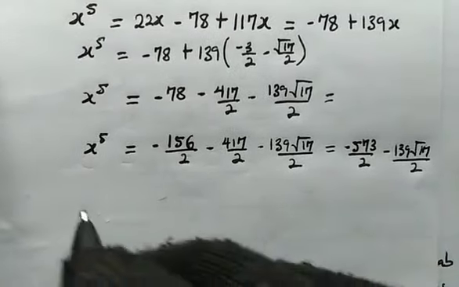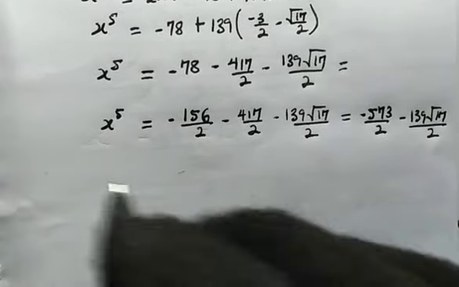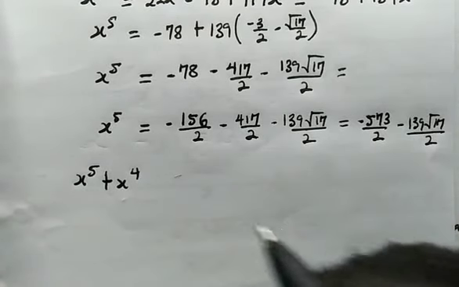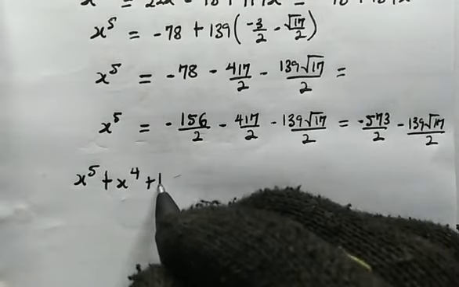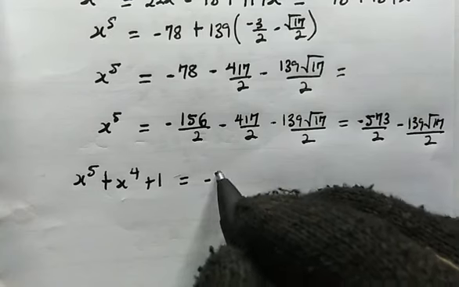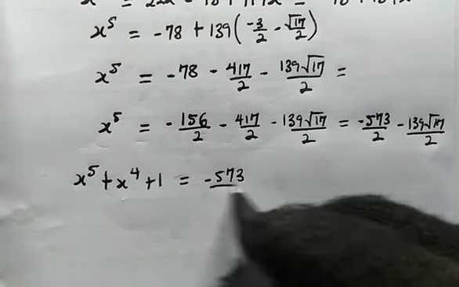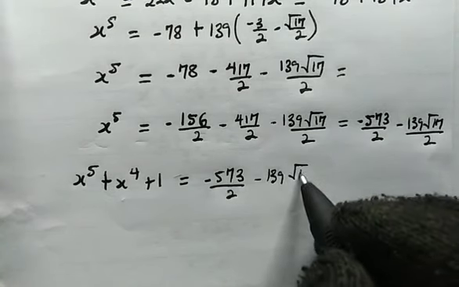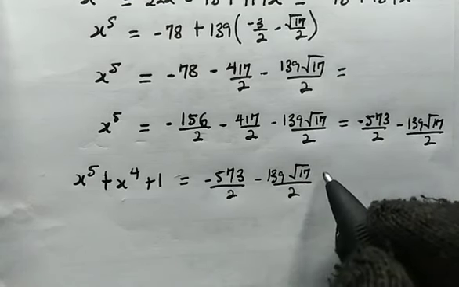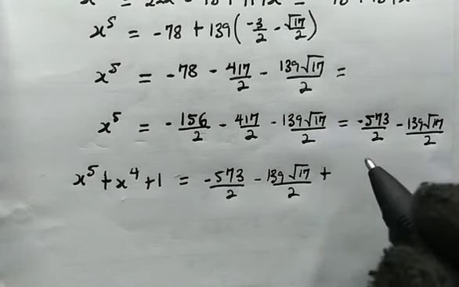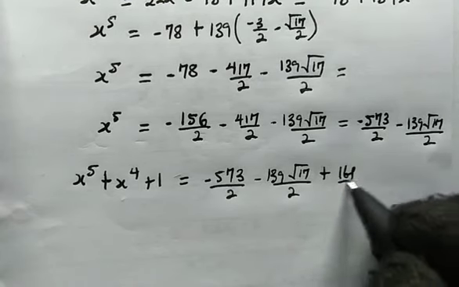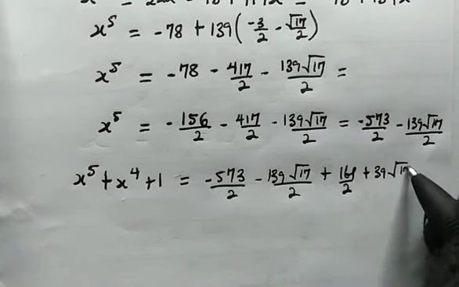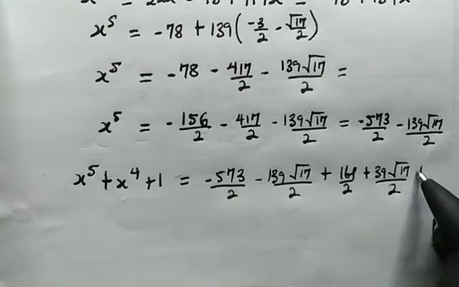Therefore, the expression we are asked to evaluate, x to the power of 5 plus x to the power of 4 plus 1, will be equal to negative 573 divided by 2 minus 139 root 17 divided by 2, plus the value for x to the power of 4, which we got as 161 over 2, then plus 39 root 17 all over 2, then plus 1.